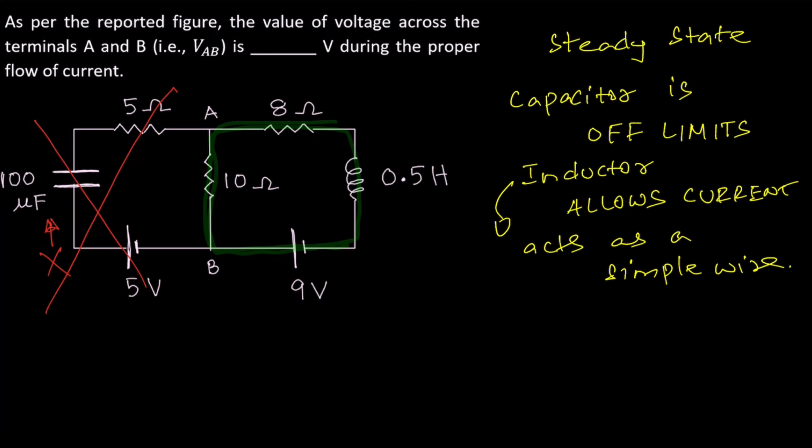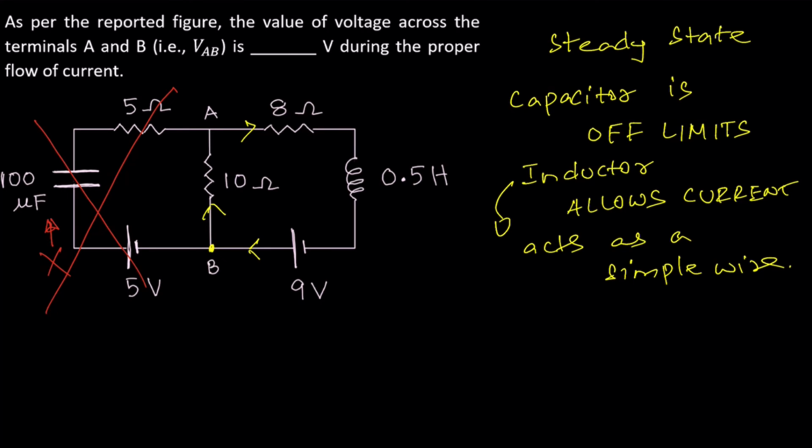The inductor you can ignore now, it is just a wire. When I say ignore, don't remove it, I mean you can replace it with a resistance-less wire. The current will flow from the positive terminal of the battery, from B to A, and then it will go like this.